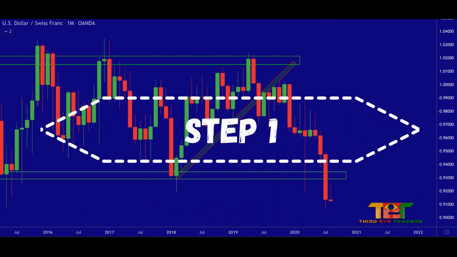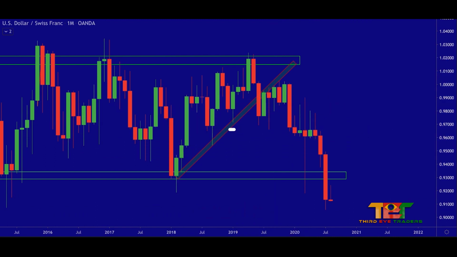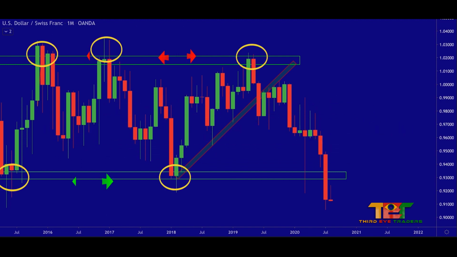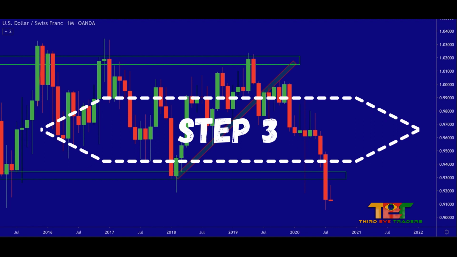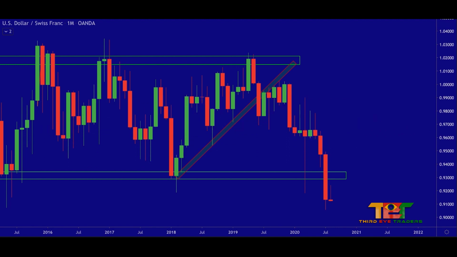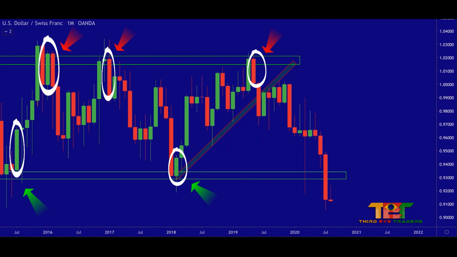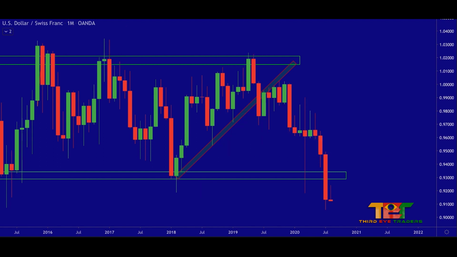Step number 1, price action approaches a major support and resistance zone. Step number 2, price action rejects that level while showing signs of exhaustion. Step number 3, price action gives us an aggressive bullish candlestick if at a support zone, or bearish candlestick if at a resistance zone, signaling it is ready to go in the opposite direction.